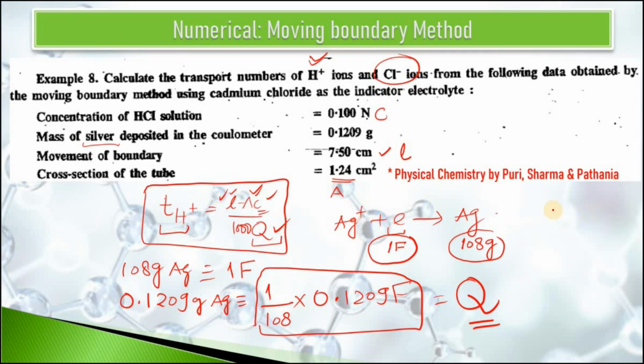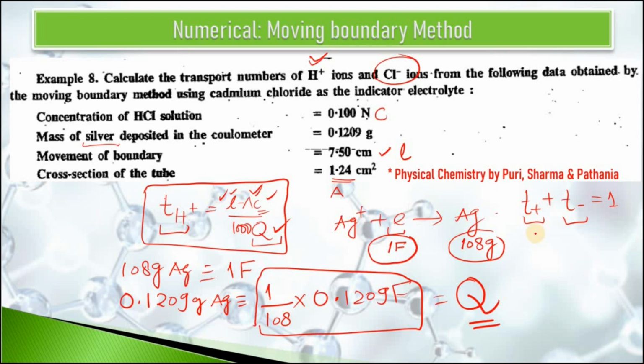It's again simple because we know that for a given electrolytic solution, the transport number of cations and the transport number of anions in total is equal to 1, because these are the fractions of total electricity carried by cations and anions respectively.